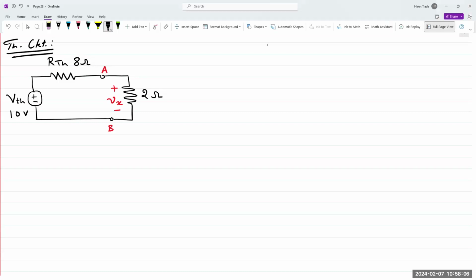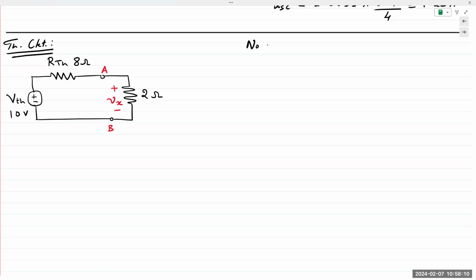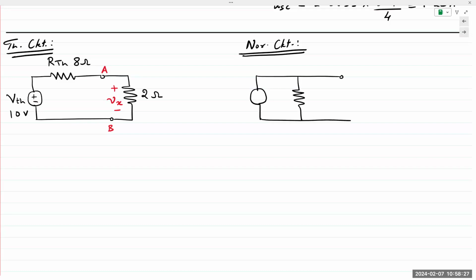That's the Thevenin network, voltage source in series with the resistance. And then the Norton network, the Norton circuit, has a current source in parallel with a resistance. Note the current direction and the voltage polarity.